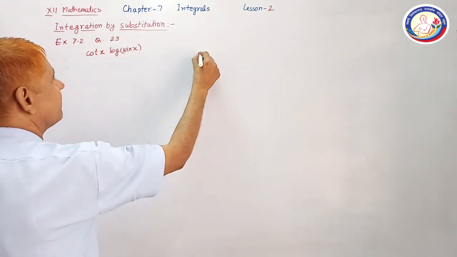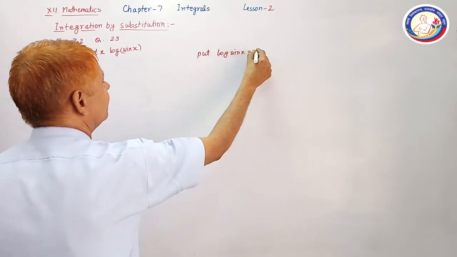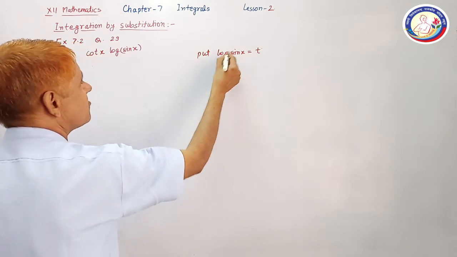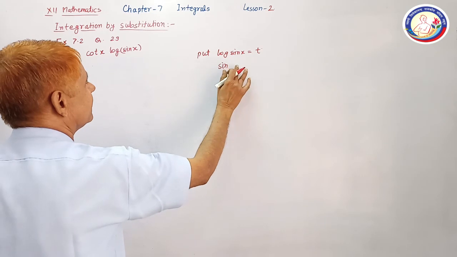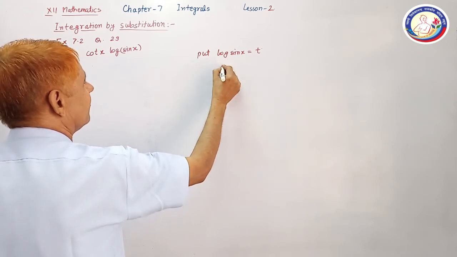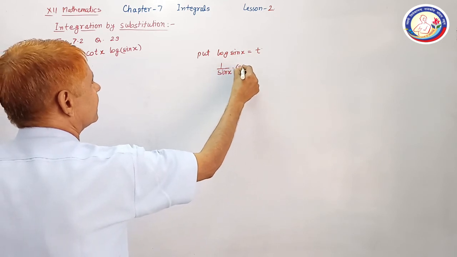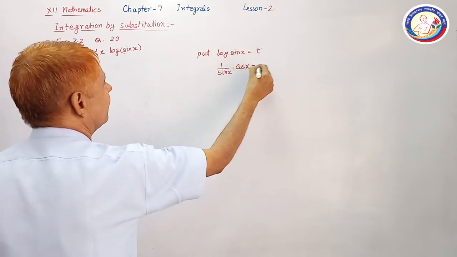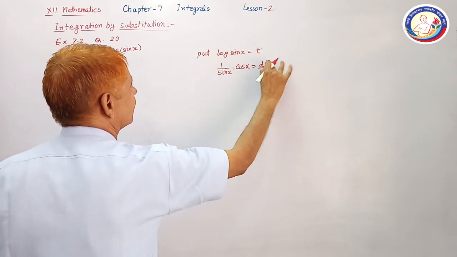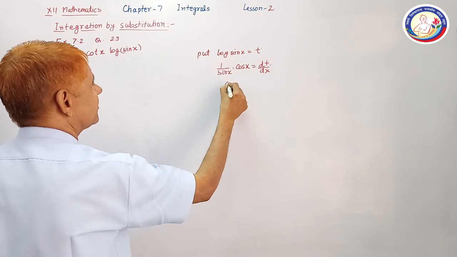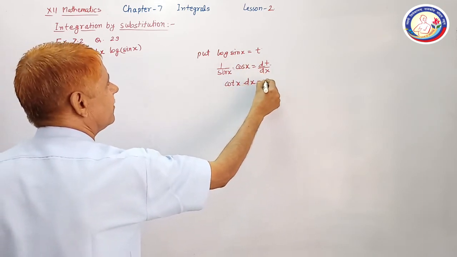Put log of sin x equal to t. So 1 upon sin x into cos x, differentiation of sin x is cos x, equal to dt by dx. So cot x into dx will be dt.